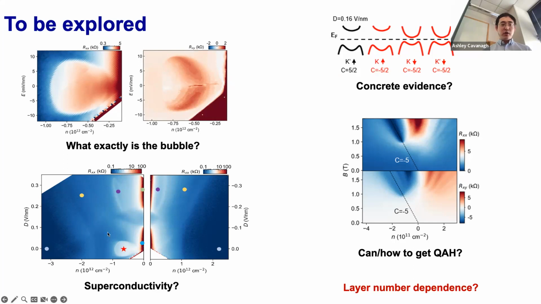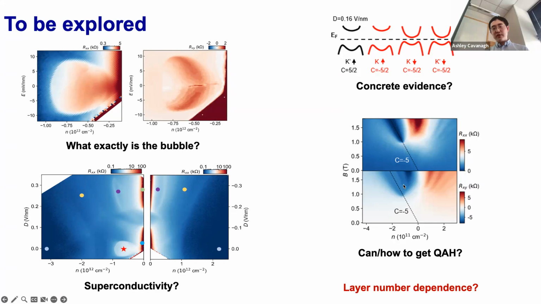And of course, as you know, people have found superconductivity in trilayer rhombohedral graphene or even bilayer graphene. We think we have all the phase boundaries as being reported, so probably all it takes to get superconductivity is just a lower electronic temperature. Right? And of course, the C equals -5 state is somewhat intriguing, considering there's no moire at all, and whether it's possible to stabilize it to 0 magnetic field and get quantum anomalous Hall.